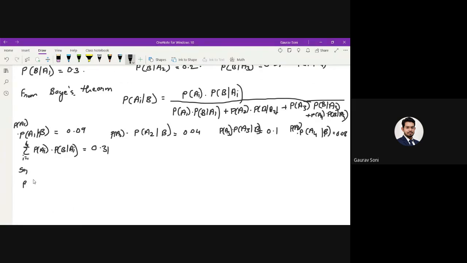So probability of A1 when B has occurred is equal to probability of A1 into probability of B when A1 has occurred, so that is 0.09 divided by the summation 0.31. The answer is 0.290.